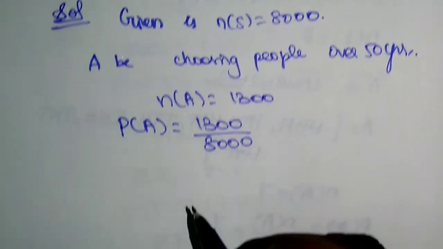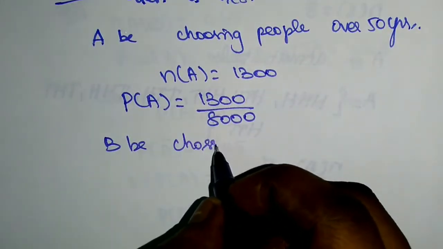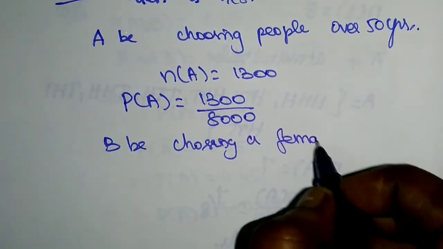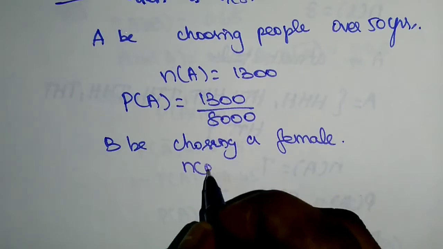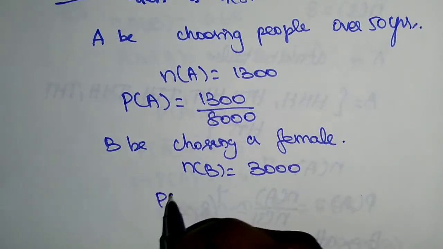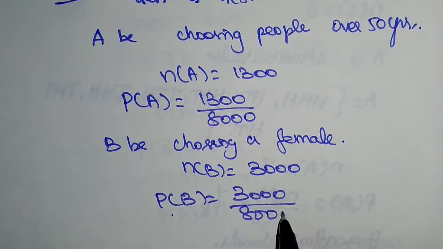Now let B be choosing a female. So n of B is equal to 3,000, so P of B is equal to 3,000 divided by 8,000.